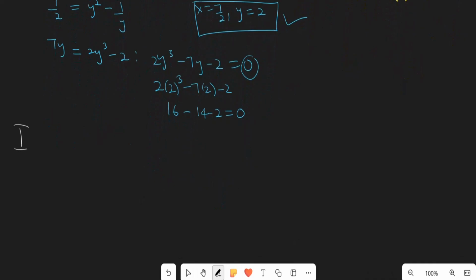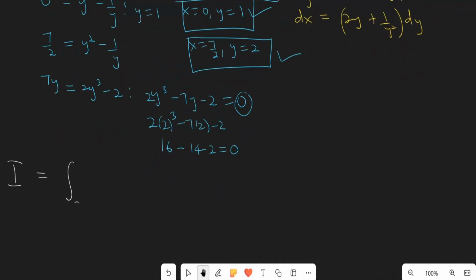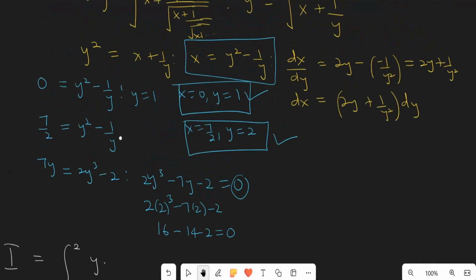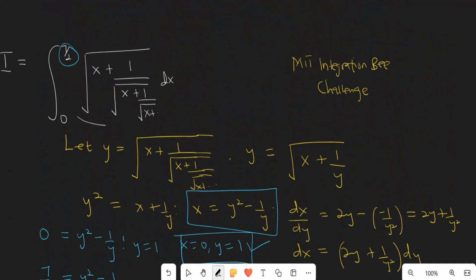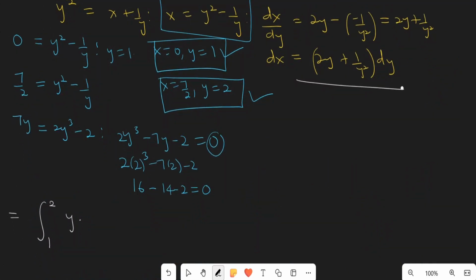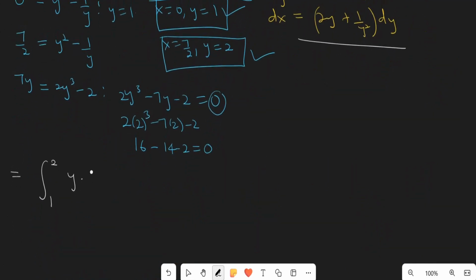So the integral I is going to be the integral from 1 to 2, those are the limits of y, of y times dx. If you look at our integral, this is y, that is the integrand, and dx. dx is this expression, which is 2y plus 1 over y squared, all times dy.